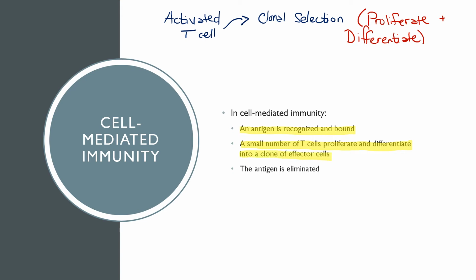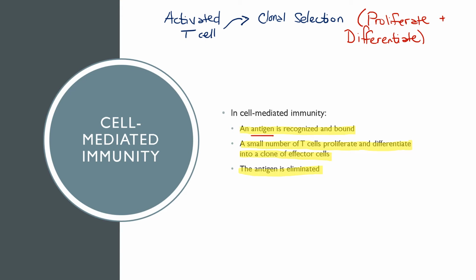Again, those are going to be T cells that were cloned to recognize this specific antigen. And then in this way, the antigen will be eliminated. At any given time, most T cells are inactive.